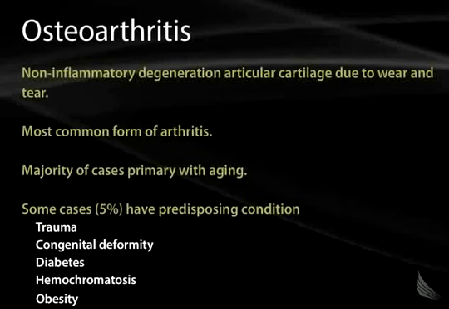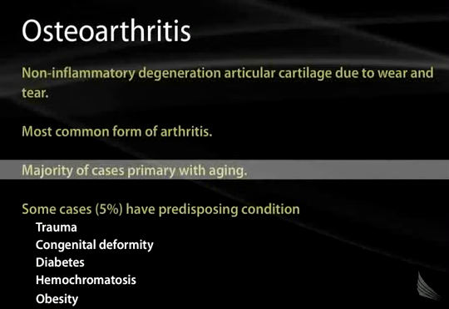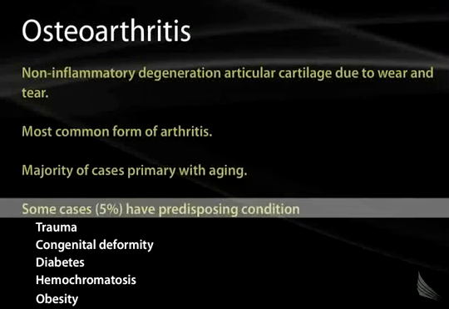The most common form of arthritis, of course, is osteoarthritis. This is the non-inflammatory degeneration of the articular cartilage due to the wear and tear of daily living. The majority of these cases, thus, are going to be associated with aging, although there is a minority, approximately 5%, that have a predisposing underlying condition.